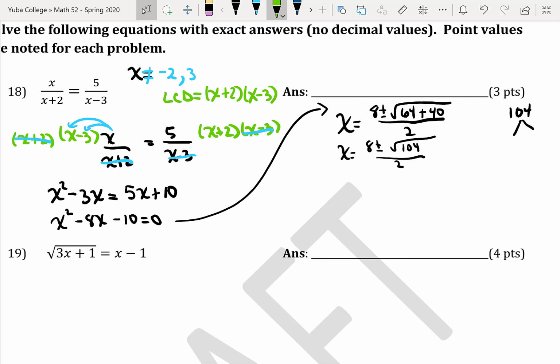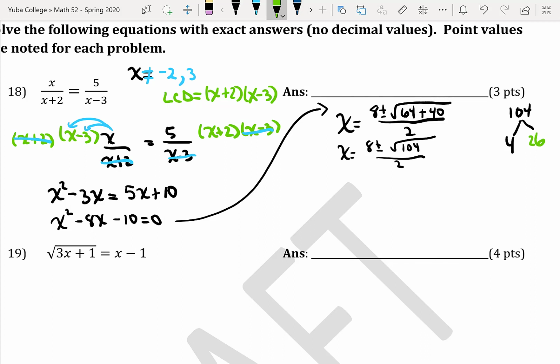So I noticed 6 doesn't have a factor that's a perfect square. We get x is equal to 8 plus or minus the square root of 4 times 26. The square root of 4 is 2, and then we're left with the square root of 26, all over 2.